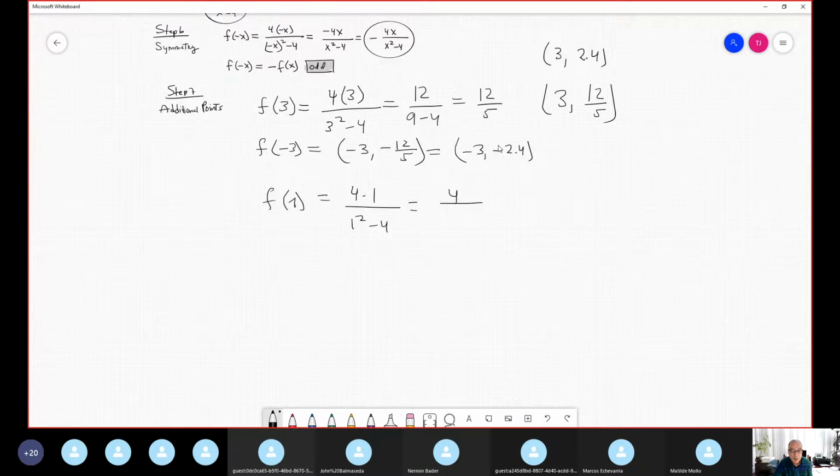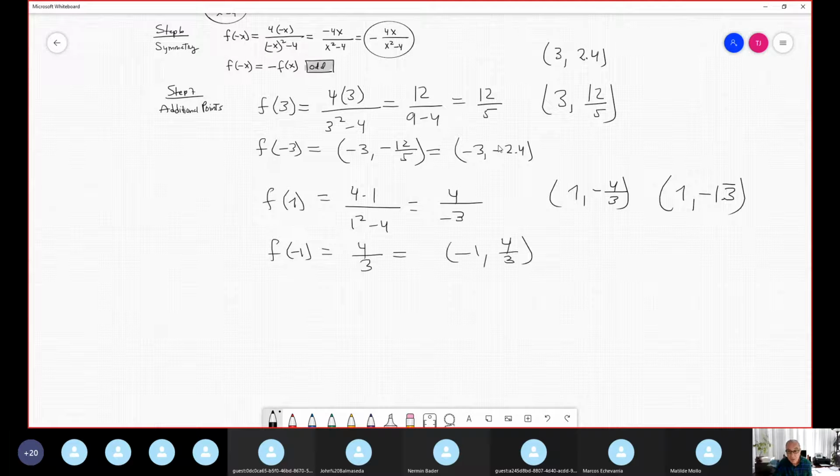And 4 divided by -3. Okay, entonces the point is the point 1, -4/3, and decimal is 1, -1.3 repeated. You put in the calculator, or in -1 is the same value, but opposite sign, and it's 4/3 positive. Okay, it's the point -1, 4/3 positive, or 1.3 repeated. Do you follow me, guys? Do you understand everything I am doing?